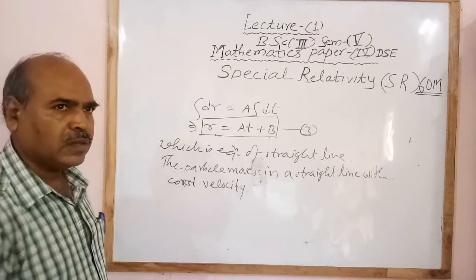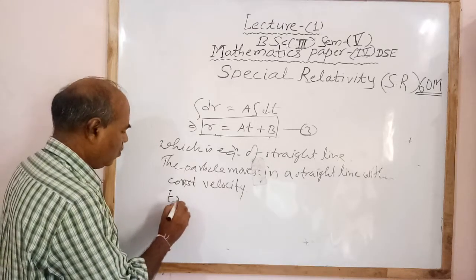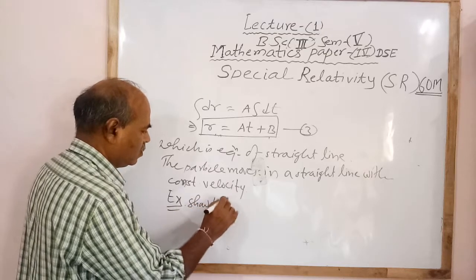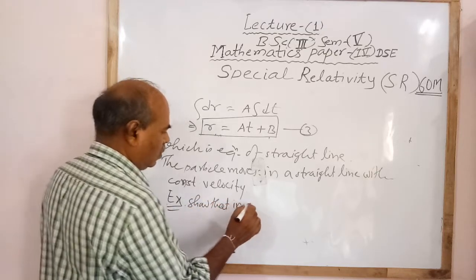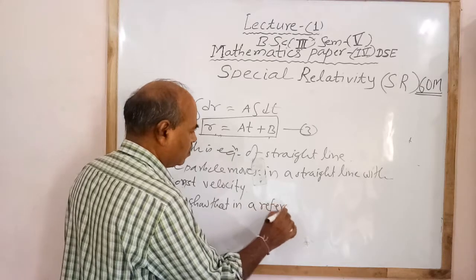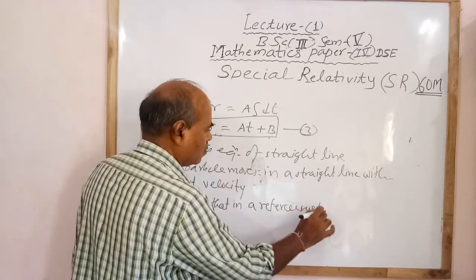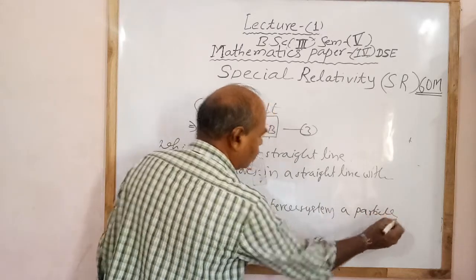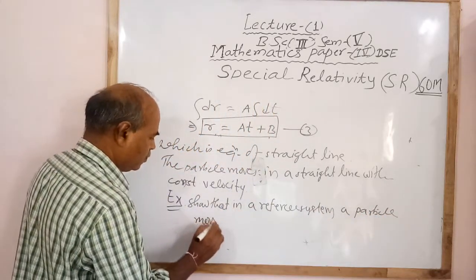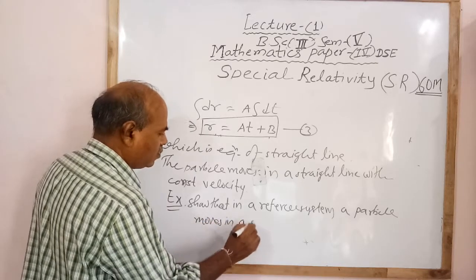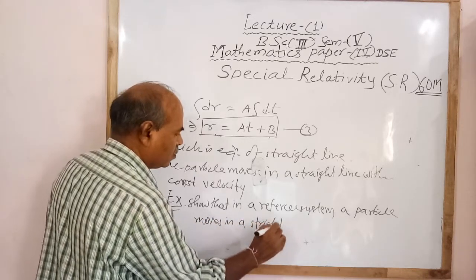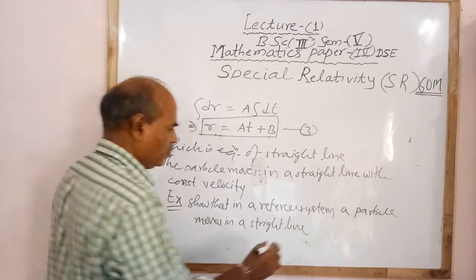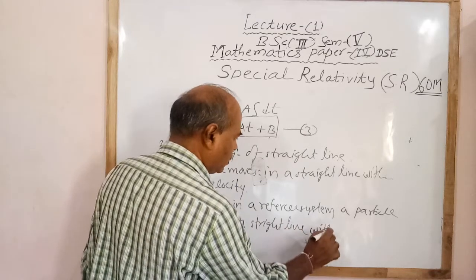There is a question in the examination like this. You can write it in your problem example: show that in a reference system, a particle moves in a straight line with constant velocity.